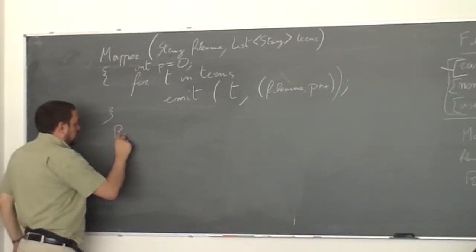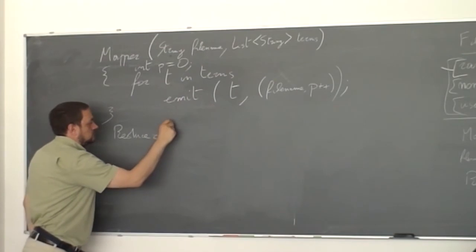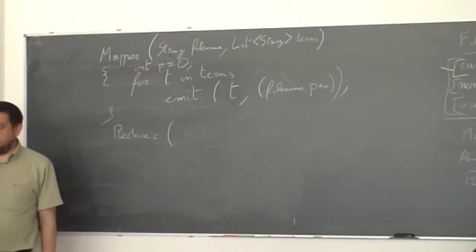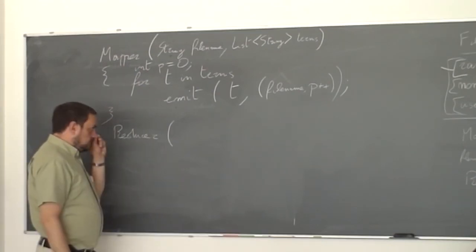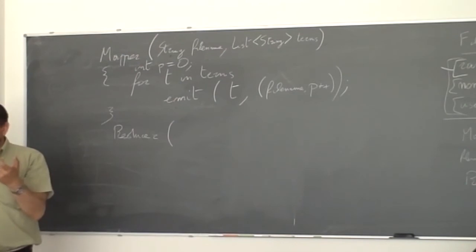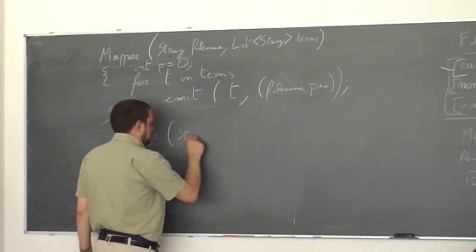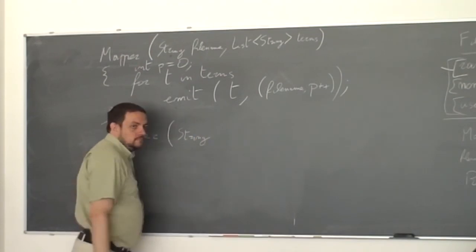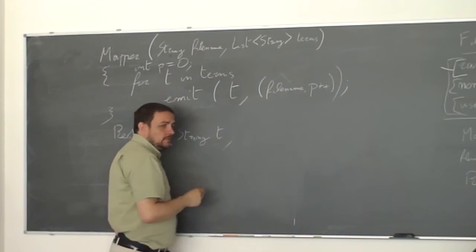Next, the reducer will receive, again, a key and a list of values. The key, in our case, is a string. Let's call it T, term.